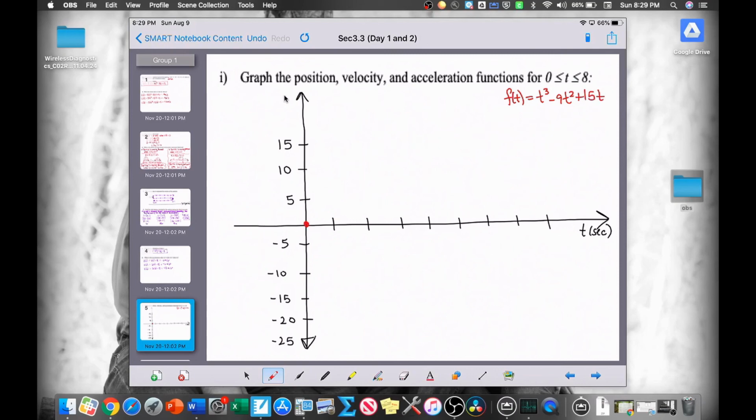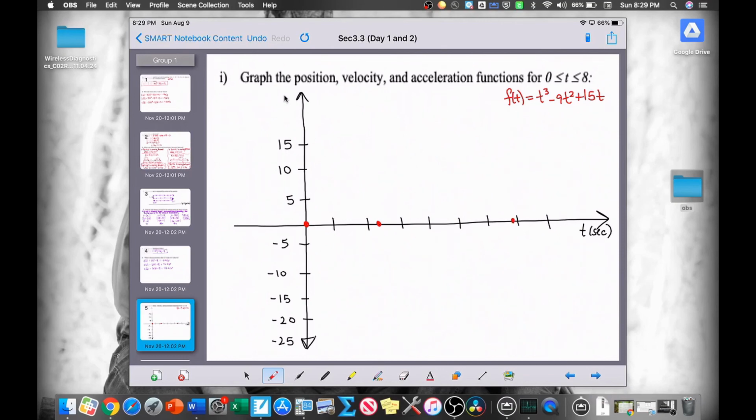It has an intersection point here at 0. There's another x-intercept that's a little bit more than 2, and there's another x-intercept just a little before 7, so like right here.